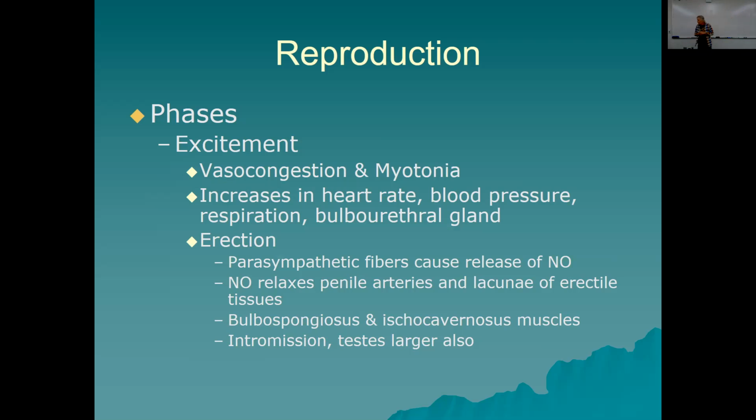The bulbospongiosus and ischiocavernosus muscles are getting ready to squeeze the urethra to cause ejaculation. Intromission is just another word for putting a penis into a vagina.